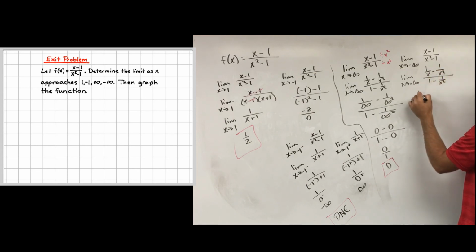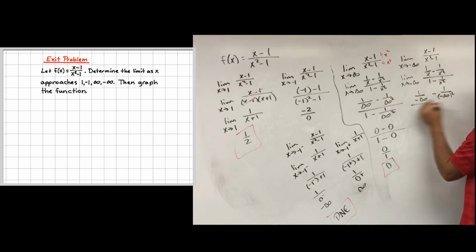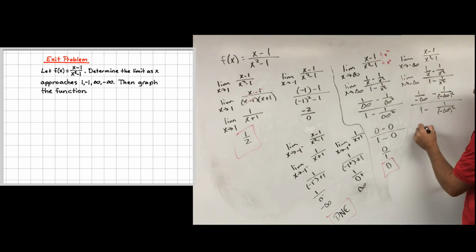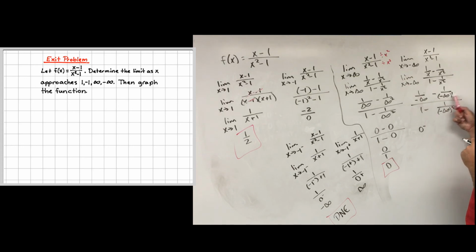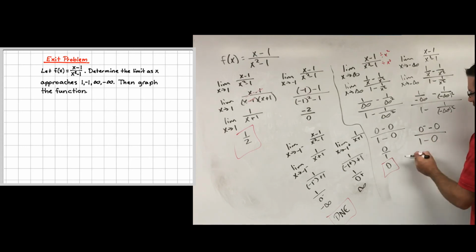Plugging in negative infinity now, 1 over negative infinity is 0, but it's a negative 0. Squared is positive, so that's just going to be minus 0 over 1 minus 0. So again, we end up with 0, so we got that.